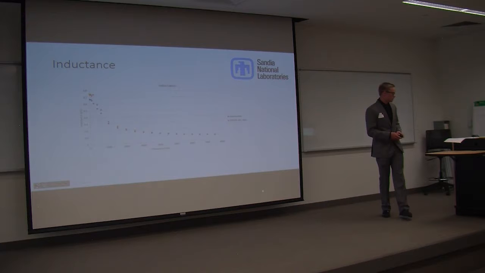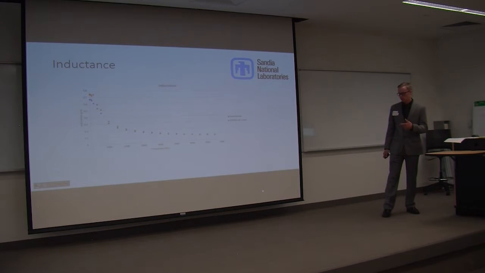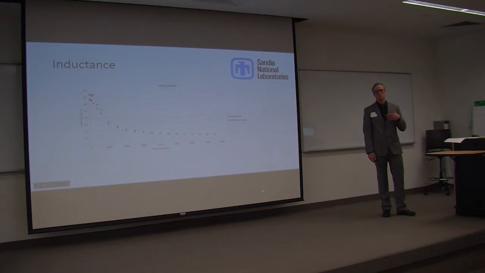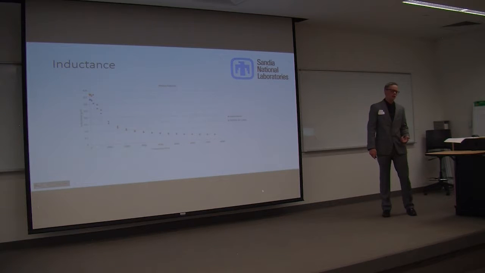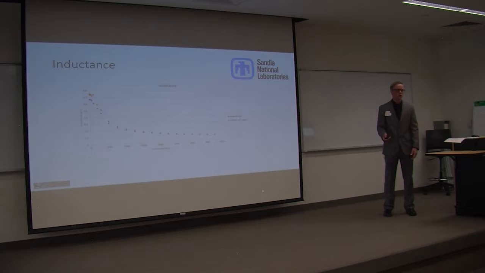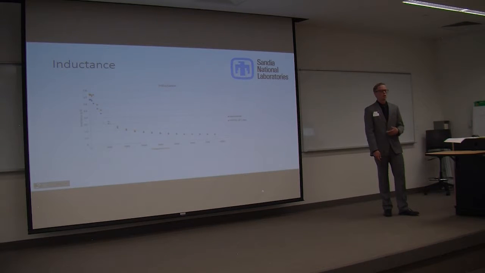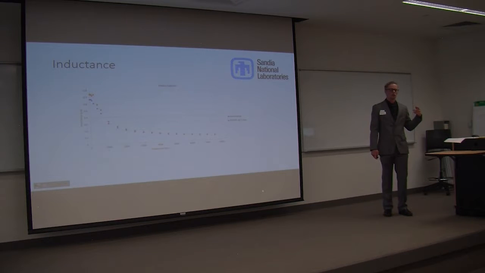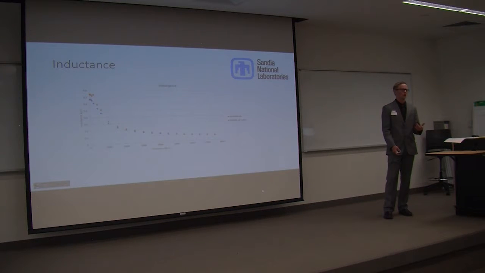So the first one is inductance. This was one of the first properties that I was trying to look into. We had another computer model where you could put in the inputs of the inductor and solve for inductance, so I started with inductance first.